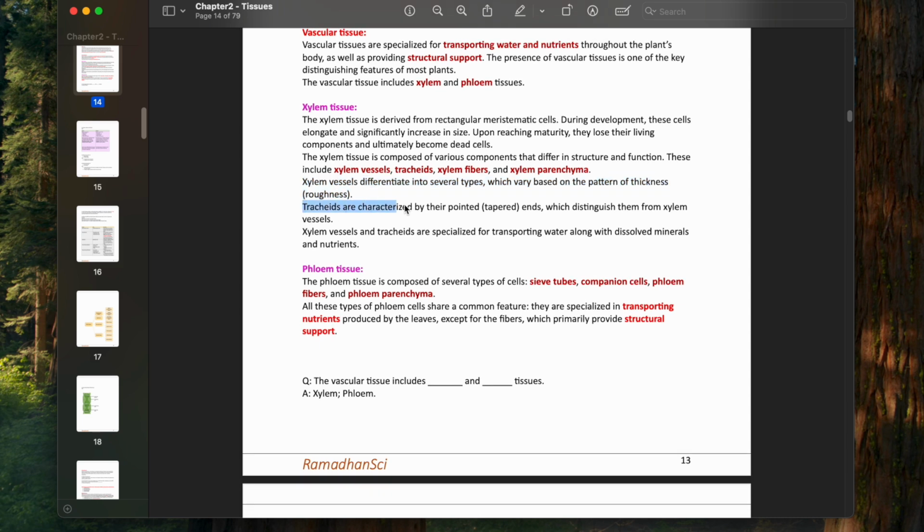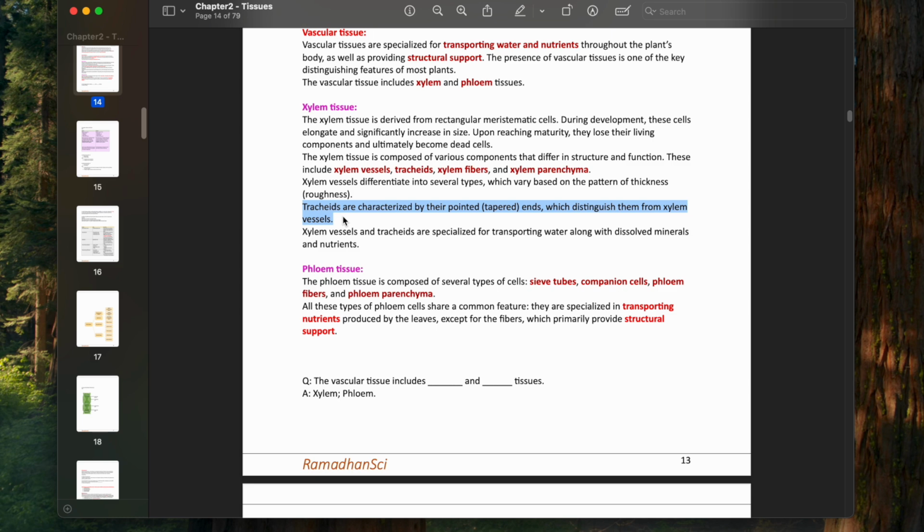Now the tracheids are characterized by their pointed, tapered ends, which distinguish them from the xylem vessels. A possible question can ask you how can we distinguish the tracheids from the xylem vessels? Maybe they will use the word microscopically. They use some fancy wording to scare you, but there's nothing hard here.